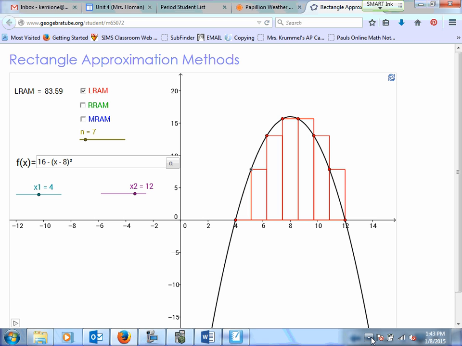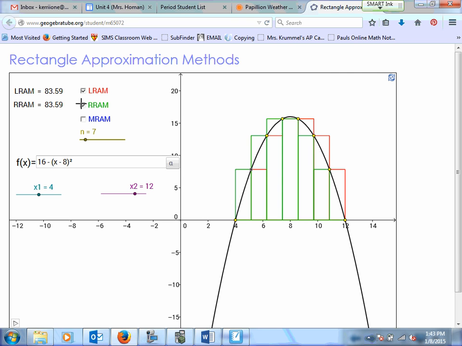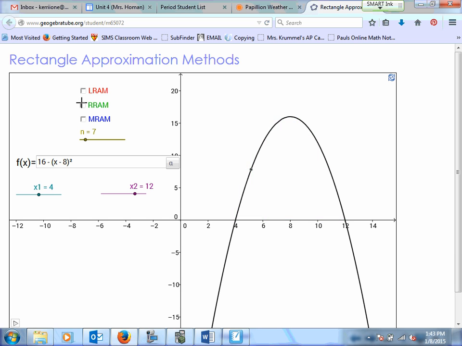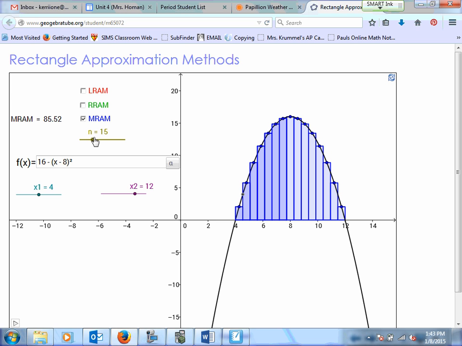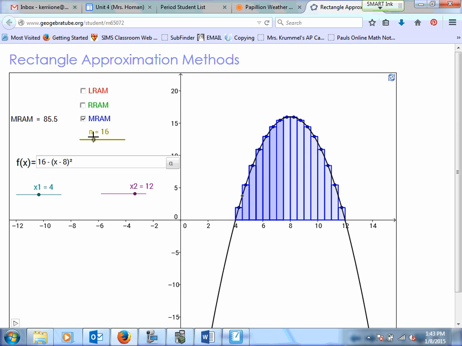Okay, so here are our left endpoints. Here are our right endpoints. Here are our midpoints. Now what's going to happen the more rectangles we get? We're going to be more accurate with more rectangles, correct?